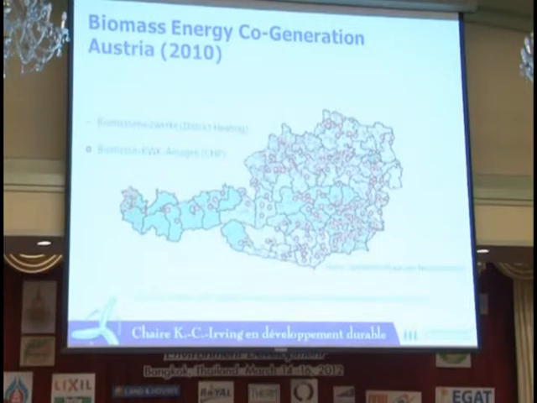This is a map of Austria. On this map, the small circle is what is called a district heating system. So essentially a centralized heating system where the hot water or steam is transported from one to many buildings. So you have one site of generation of heat, in this case heat, and the heat is transported to heat many buildings all around.